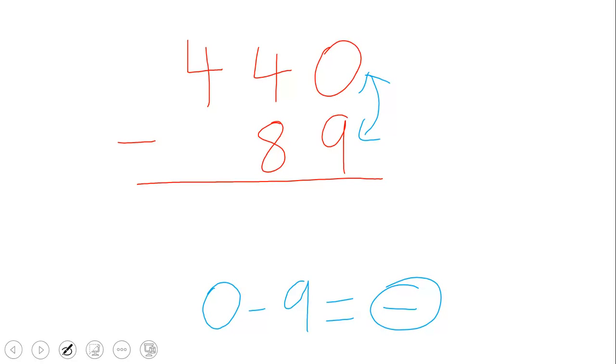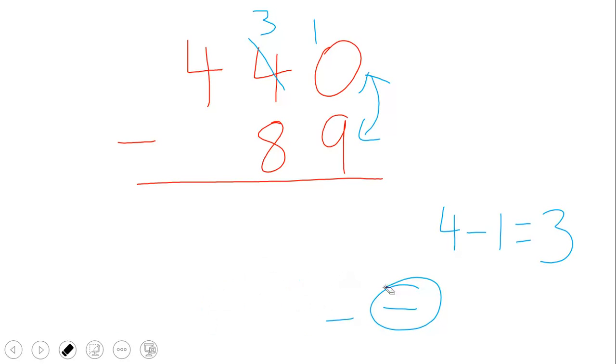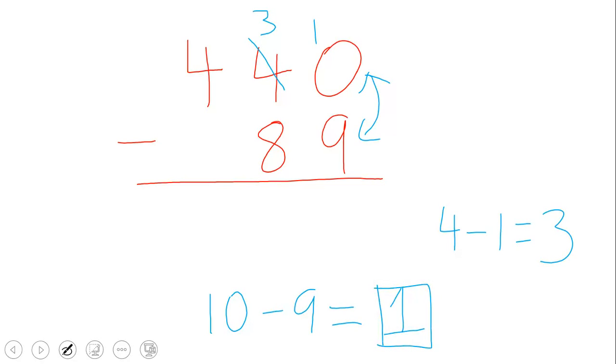So we go to the next door neighbor and we get 1. 4 minus 1 is indeed 3, so our neighbor is left with 3, and we place a 1 here. We view this not as 0 minus 9 anymore, but as 10 minus 9.